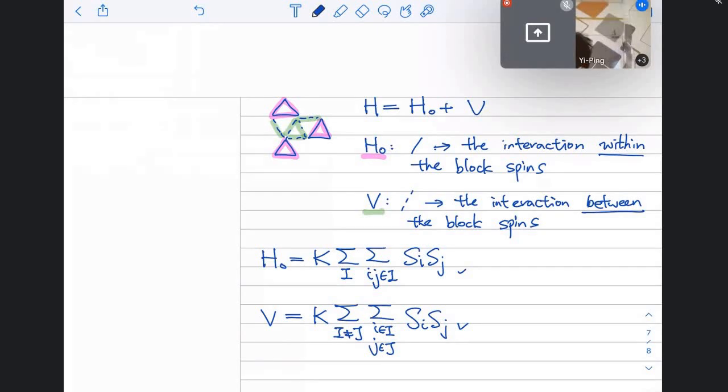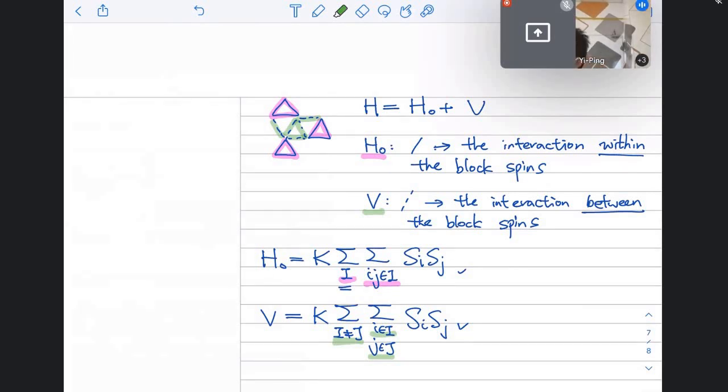So basically, I labels the pink triangle. The couplings are basically within the pink triangles. And I and J are not the same because now the coupling of this dashed line must belong to different pink spins. The little i and little j now belong to different block spins, capital I and capital J. And H0 and V, if you add them up, you basically recover the original Hamiltonian that we have, okay?